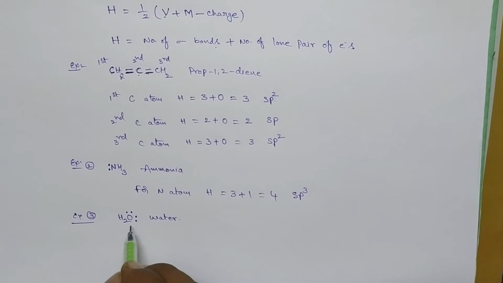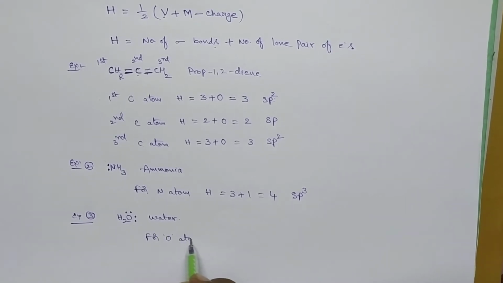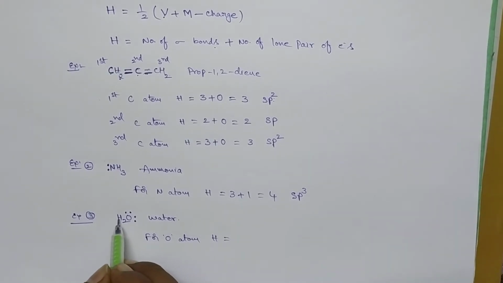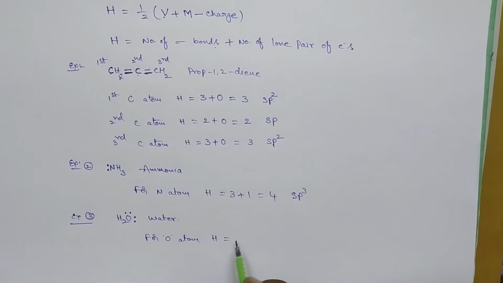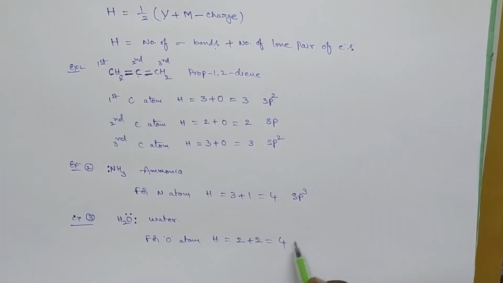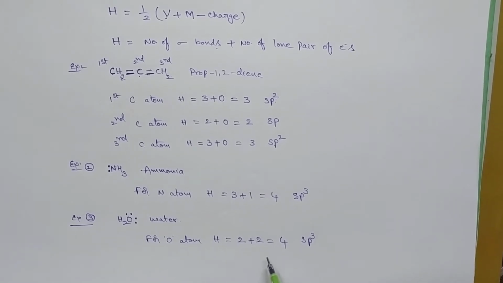So for the oxygen atom, it forms 2 sigma bonds with 2 hydrogen atoms, so the number of sigma bonds will be 2 and the number of lone pairs will be 2. The sum will be 4 and the hybridization will be sp3. In this way we can predict the hybridization for these molecules.